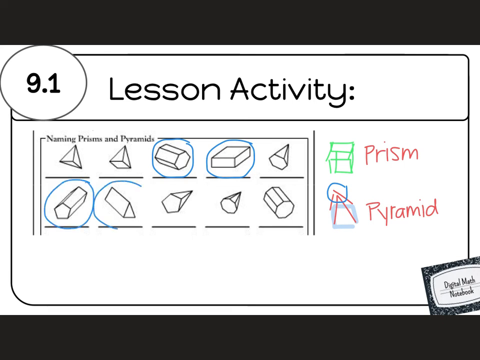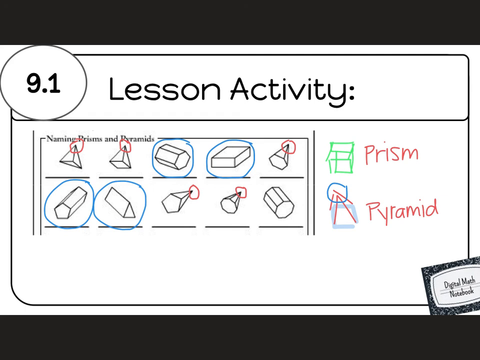And this is a prism because they all have flat tops and bottoms. The next things I notice is that all of these shapes come to one single point. That makes them pyramids. So my prisms are circled in blue, and my pyramids, I've circled the point on the top.